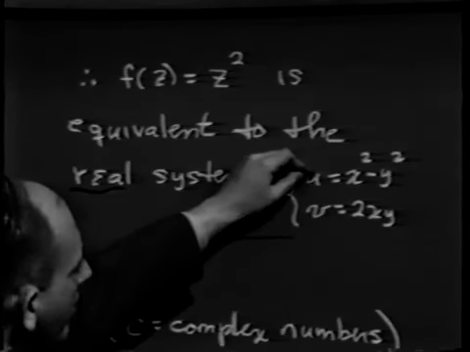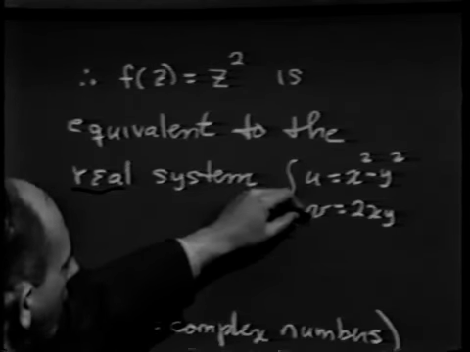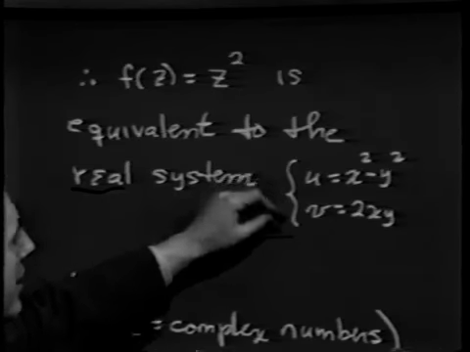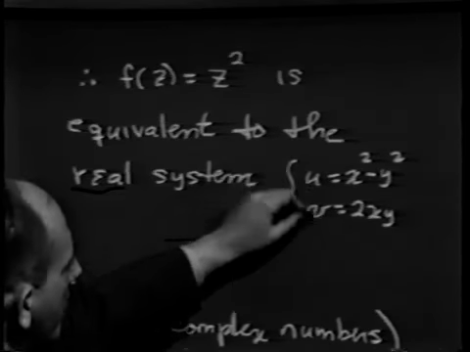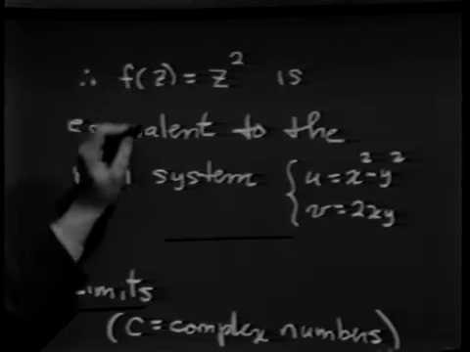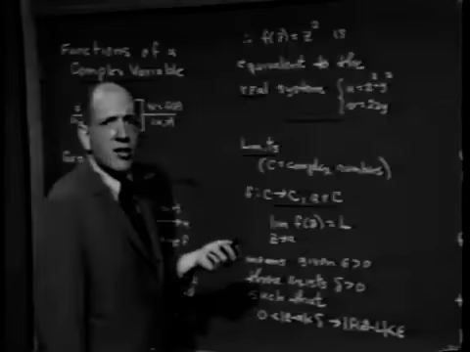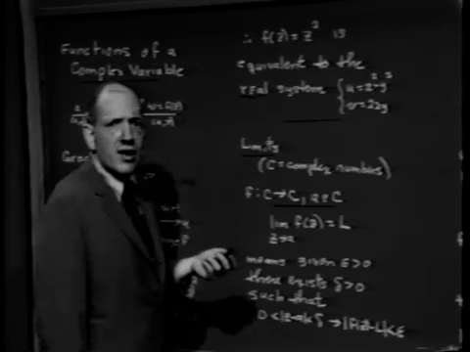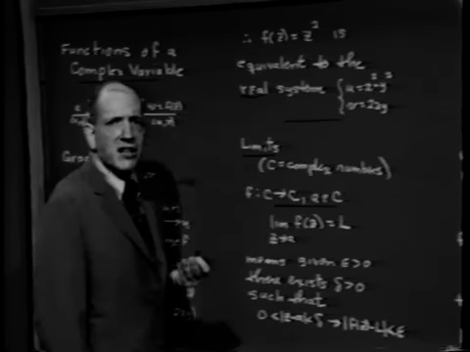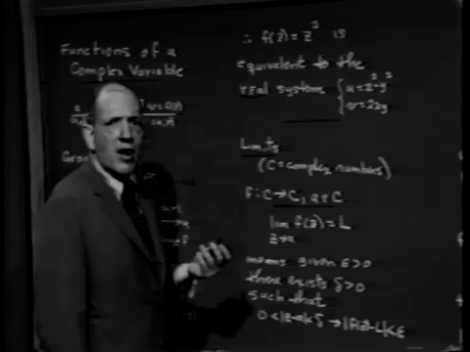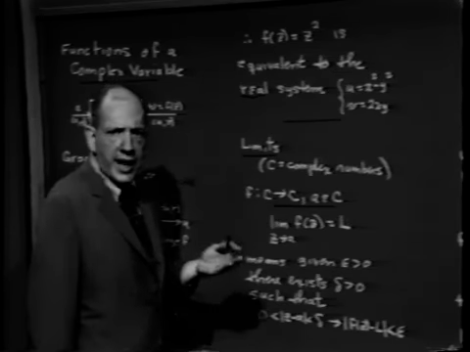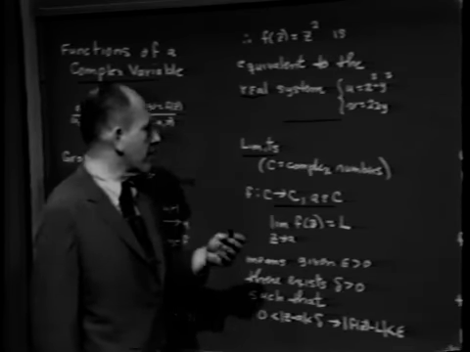You see, this is a system of two real equations and two unknowns, and what I'm saying is that I cannot distinguish between this problem and this problem. In other words, somehow or other, studying complex valued functions is going to help me replace, or to view from a different vantage point, the study of systems of real functions. But again, more about that as we proceed.